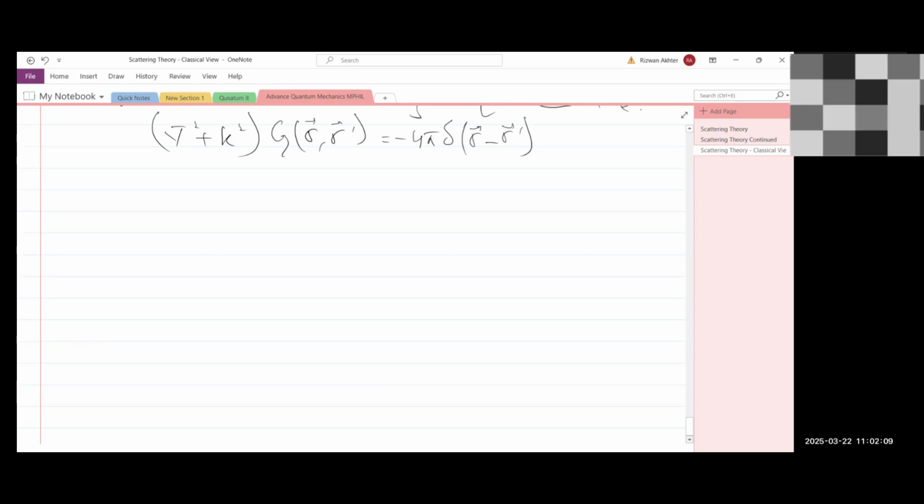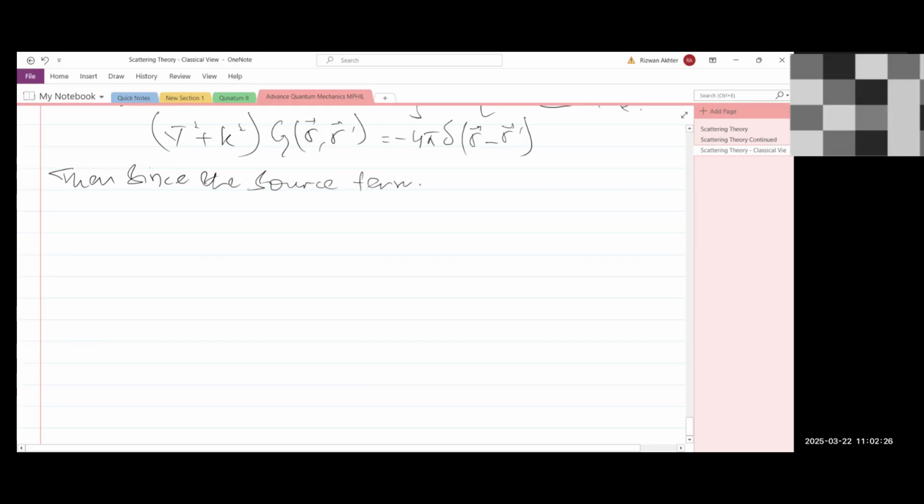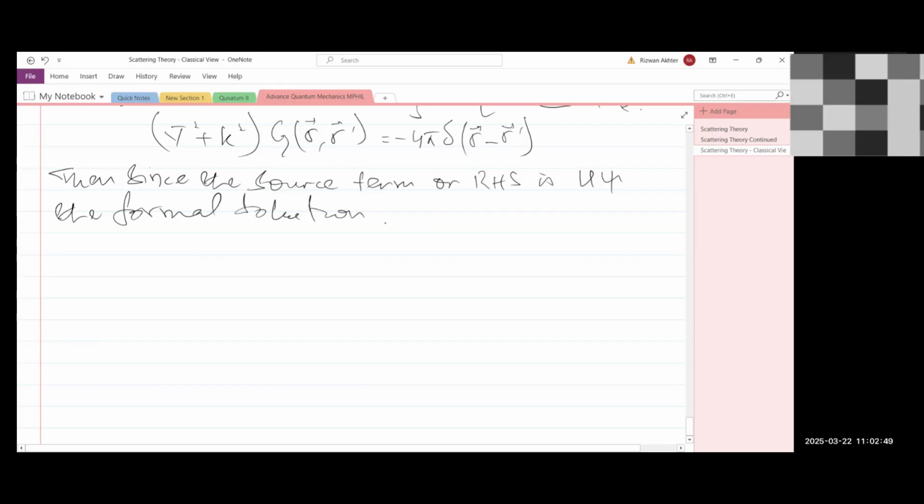Since the source term on the right hand side is u into psi, what will the formal solution to the Helmholtz equation be?